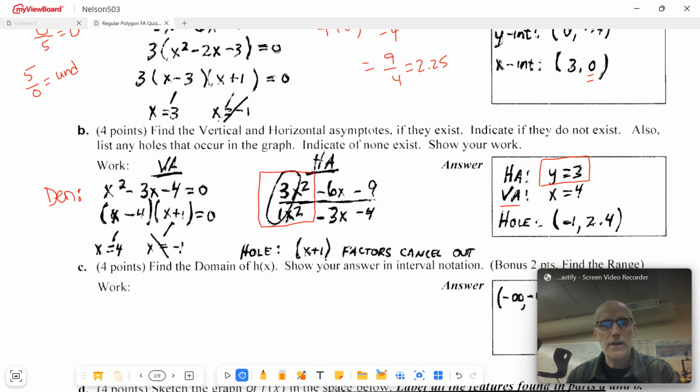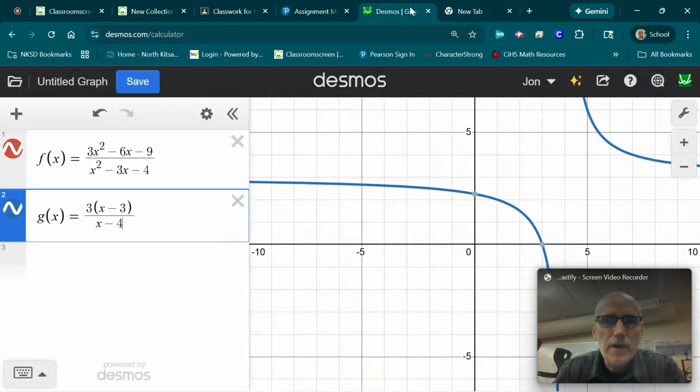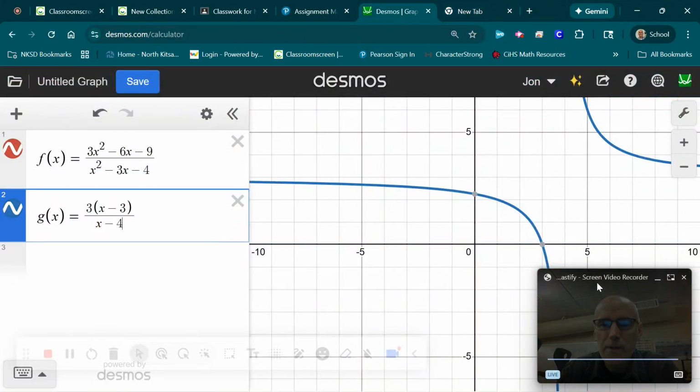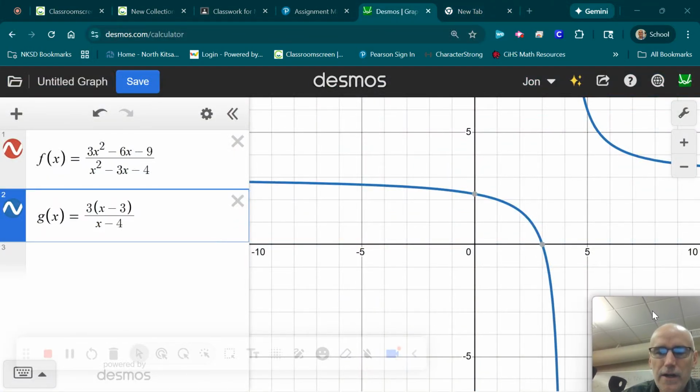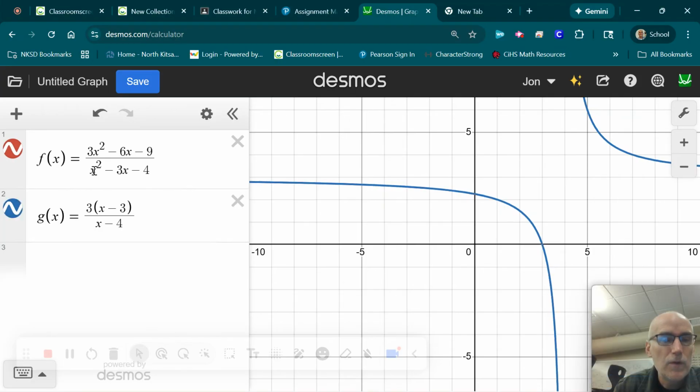Now that brings me to this idea. You can have Desmos open the whole time. So it seems kind of crazy to not be comparing what's going on in our work to what we see on Desmos, right? So notice I've got the simplified version here in blue, and it totally matches up with the red function, except Desmos does a really poor job of showing where the hole in the graph is.